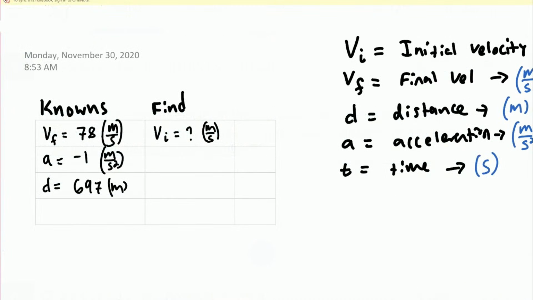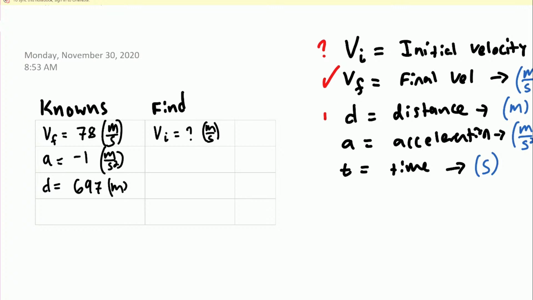All right. So I have to find initial velocity. I know my final, I know my acceleration, and I know the distance. So I need to find how fast it needs to be going. Okay, so you did yours like that. Good.